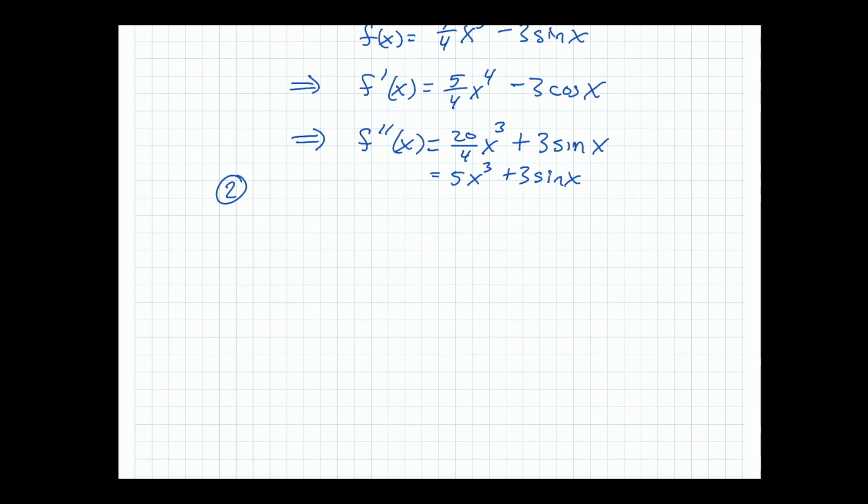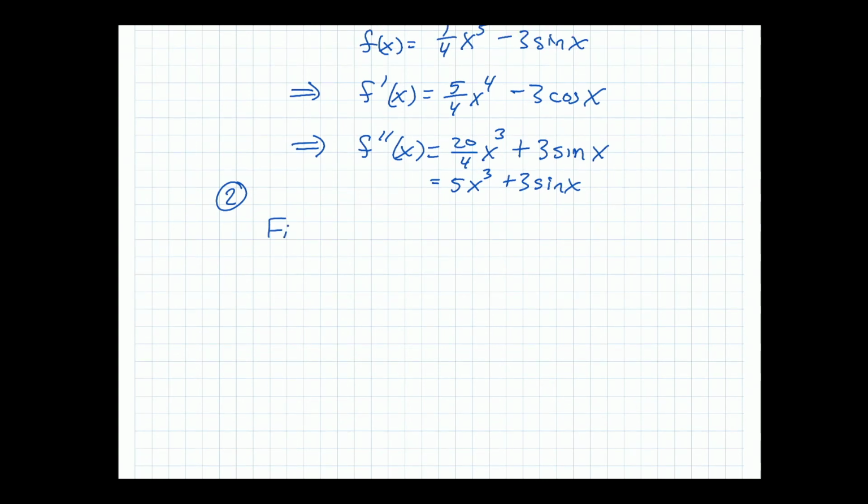That's your second derivative, and that's 5x to the 3 plus 3 sine x, right? It's fine. Next step, we need to find the upper bound, or find the M, the upper bound for f double prime for x in [a, b].